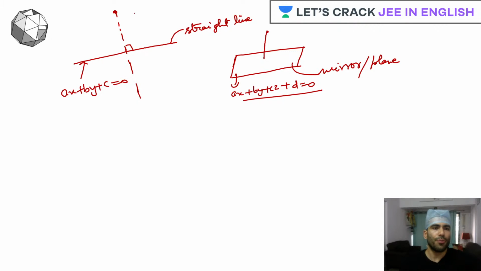Now I know your process: this point is given to you, let's say x1, y1. Here also. And what do you do guys? You simply find out the perpendicular's slope and then find out the line and then calculate this point and then use the section formula to find this image, right? Same thing you do here. Find the line which is perpendicular to the plane using the DRs of a plane and then do the process.